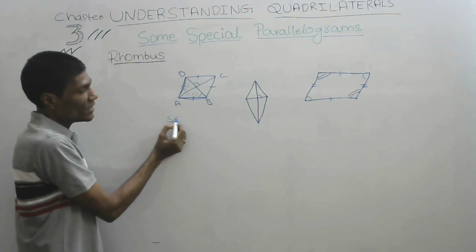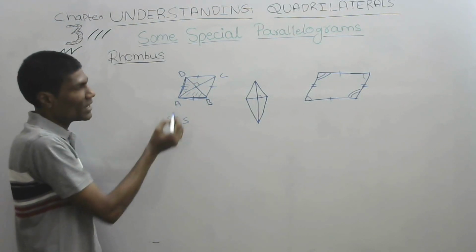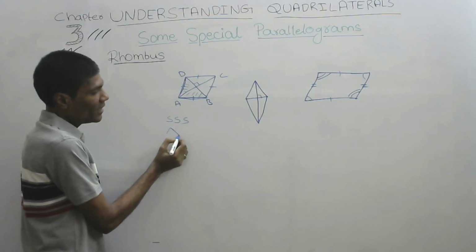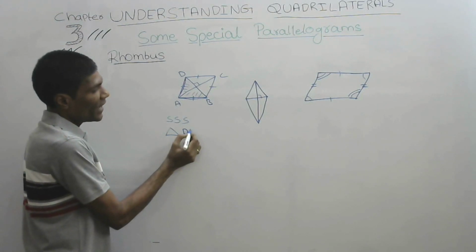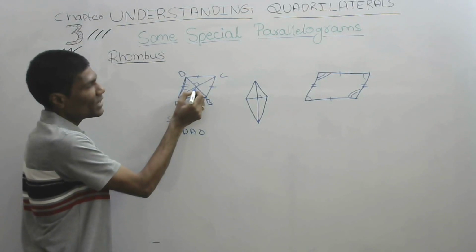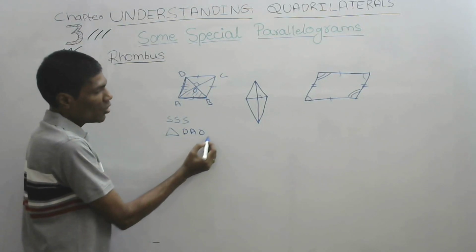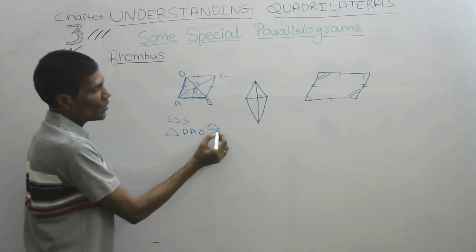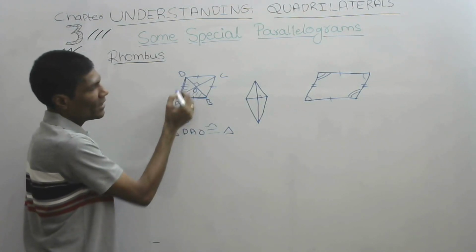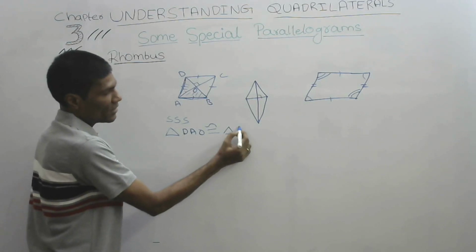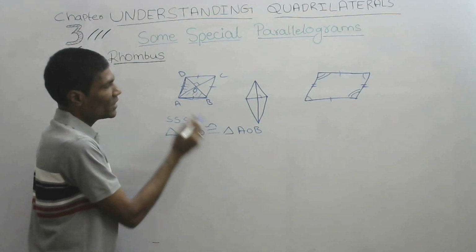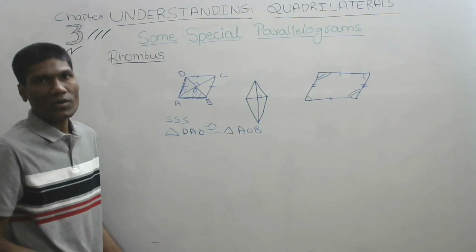By using SSS congruency, we can say triangle DAO, let us name the intersection as O, triangle DAO is congruent to triangle AOB. These two triangles are congruent.